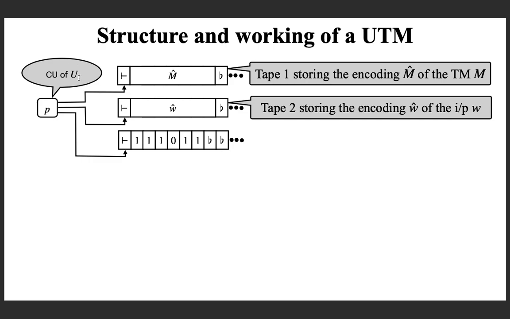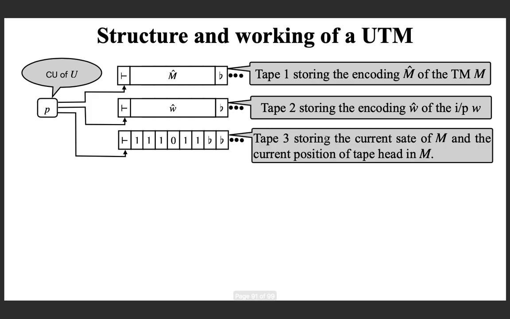If you recall, hat_m hash hat W is the input, where hat_m is stored in the first tape and hat W is stored in the second tape. Note that these are binary encodings. And what is the third tape? The third tape is storing the current state of this input machine.